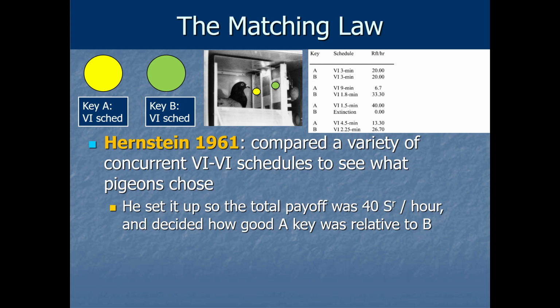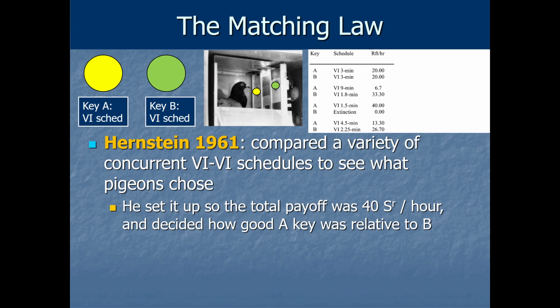Because it's VI, it's variable. But over the hour, it averages out to 20 reinforcers if you're hitting that thing about as soon as the delay ends, as soon as the timer is up. Because every 3 minutes for an hour, that comes out to paying off 20 total times. So you can get at most 20 on each side. Add both of those together, that's 40 reinforcers per hour that you could get on average, right?